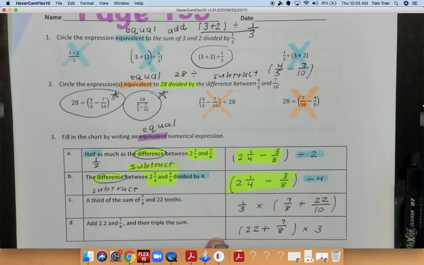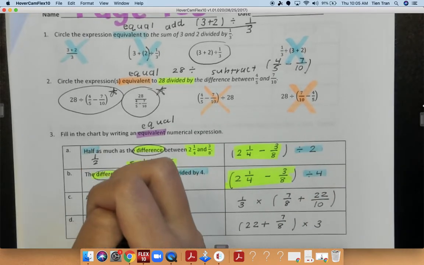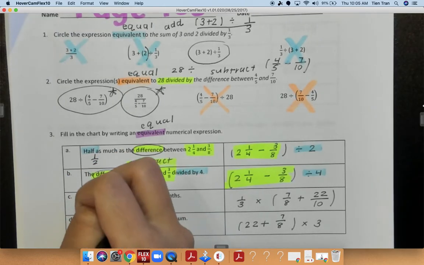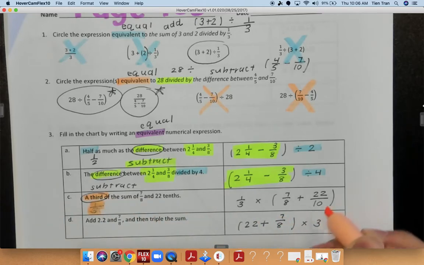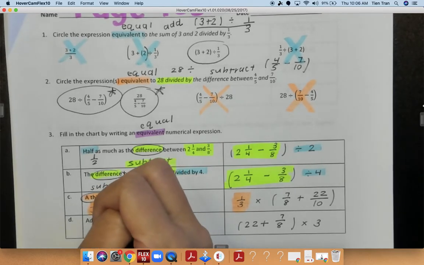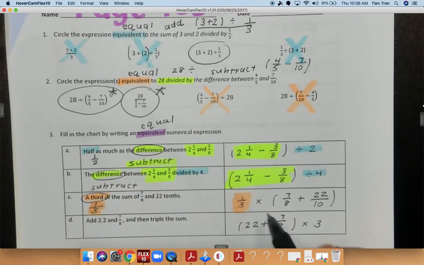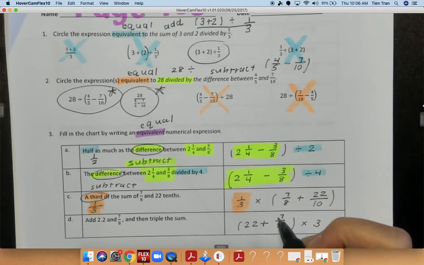Okay. The next one, it says 1/3 of the sum. So we have 1/3. I'm going to use a different color, 1/3, and I'm writing it right here. 1/3 of the sum. Remember, the word of means to multiply. So that's why we're multiplying. And if it doesn't tell you what's in between, it's always multiplication.